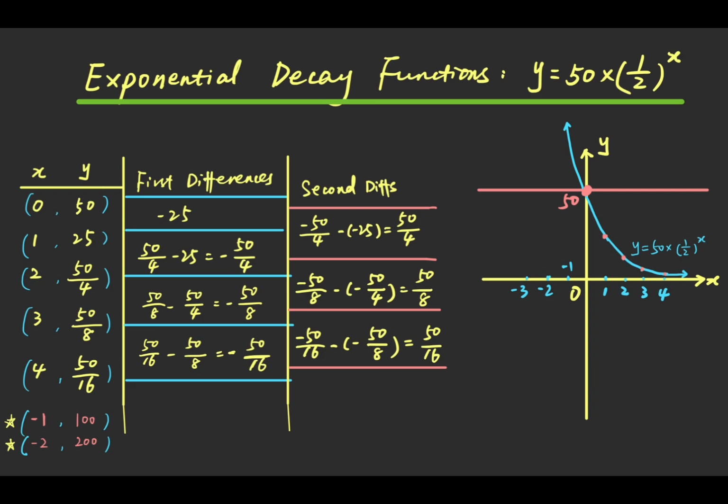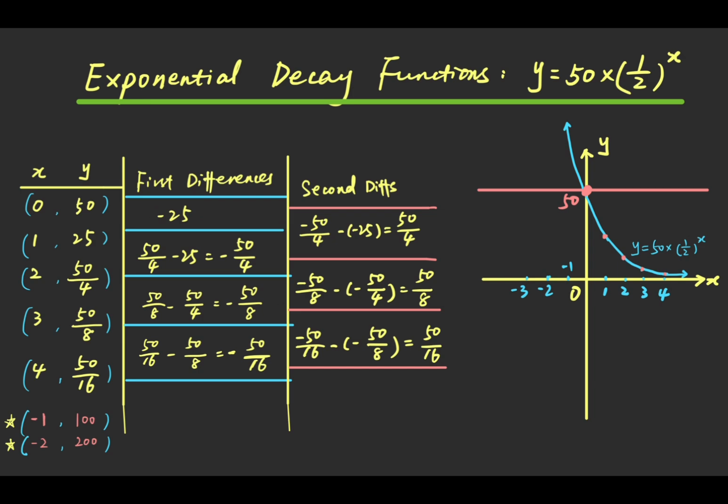We can make use of two successive y values to figure out the first differences. That is, we can use this y value and this y value, they are successive. You use 25 to subtract 50, and you will figure out this first difference.